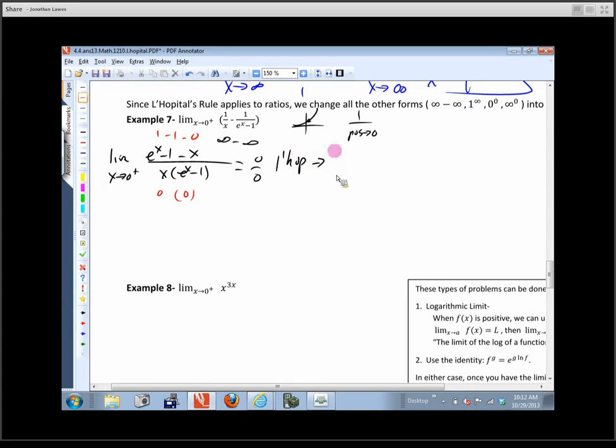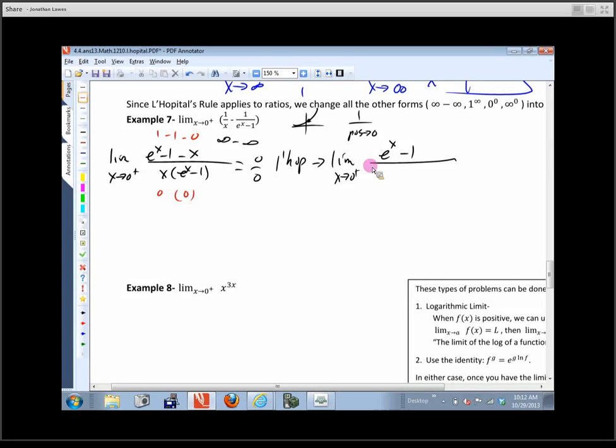So that's going to give me the limit as x approaches 0 from the positive side. Again, no quotients here. We're just applying the differentiation rules to the top and bottom completely separately. So this is e to the x minus 1. And on the bottom, you could use the product rule if you wanted. If you wanted to distribute through, that would be okay too. But either way, you're going to have to use the product rule.